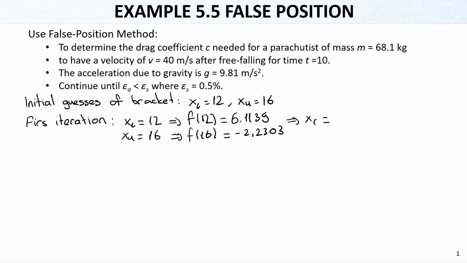Because of this, we can calculate xr as xu, which is 16, minus f(xu), which is minus 2.2303, times (xl minus xu), which is 12 minus 16. This was the formula, if you remember.